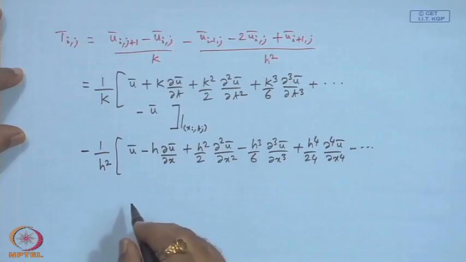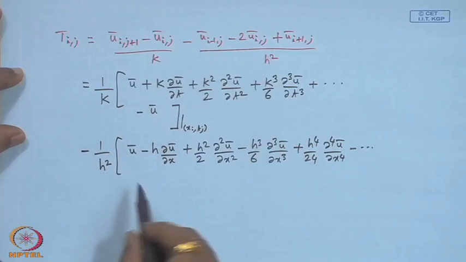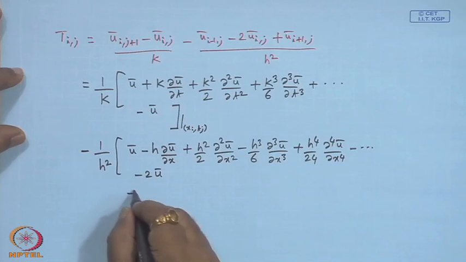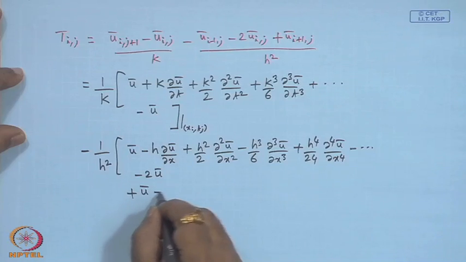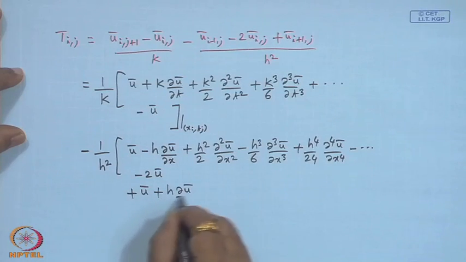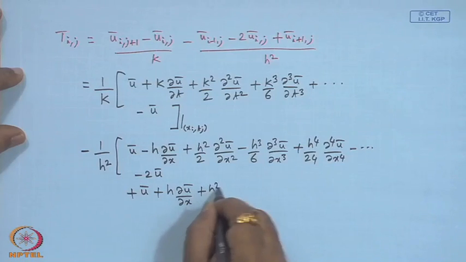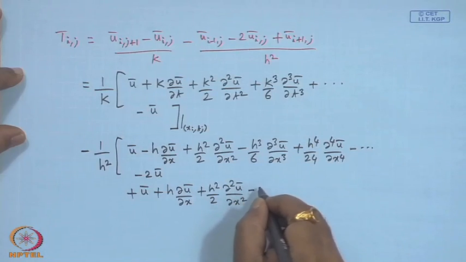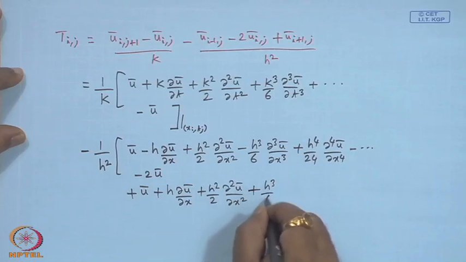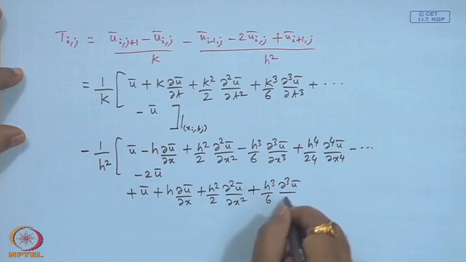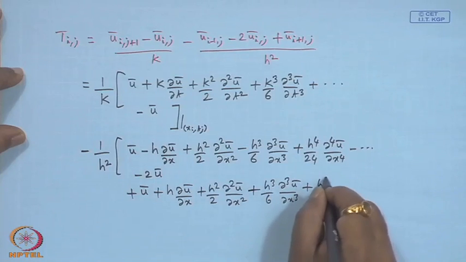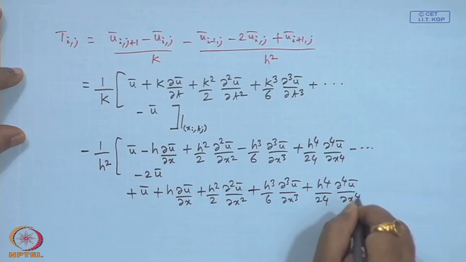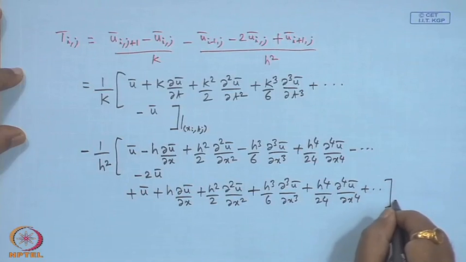So, this is dot dot, then minus 2 u bar, then the next term plus u bar plus h, everything evaluated at.